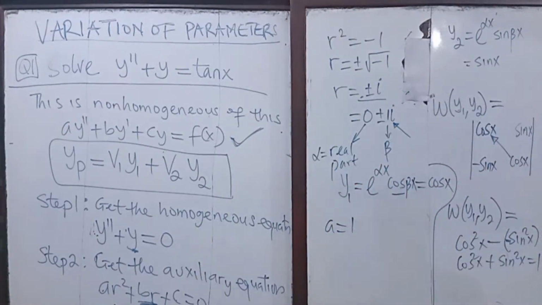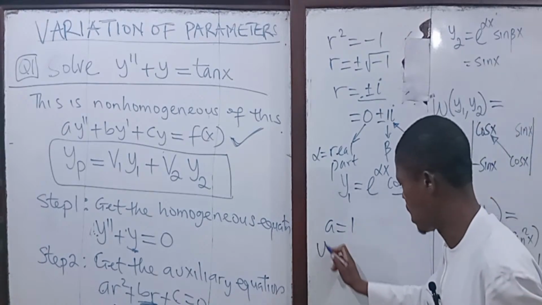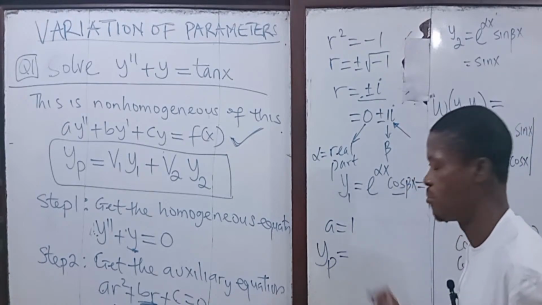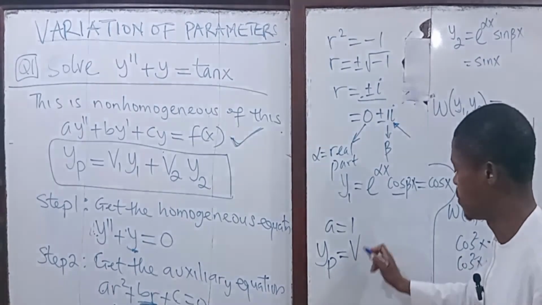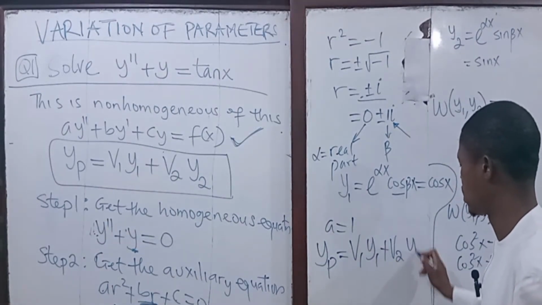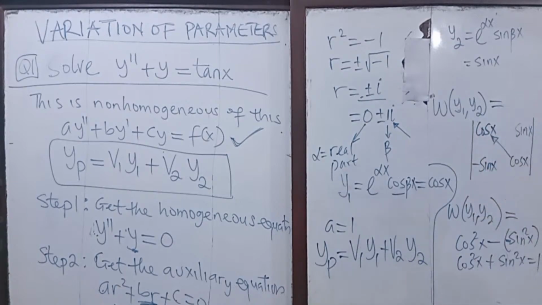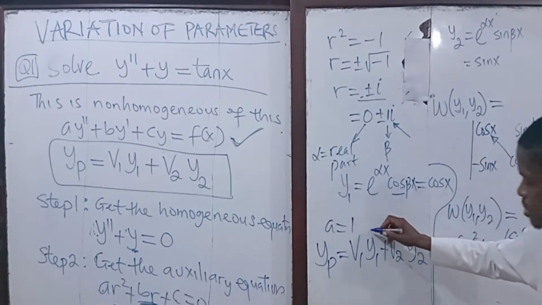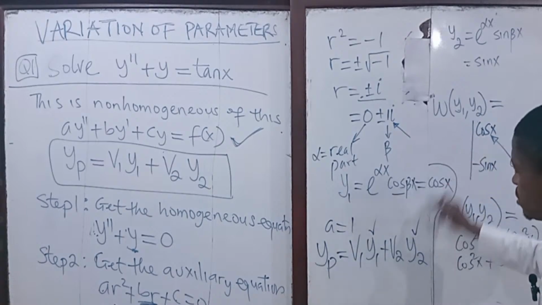So the next thing to do now is for us to work toward the particular solution, which is V1 times Y1 plus V2 times Y2. I've gotten Y1, I've gotten Y2.